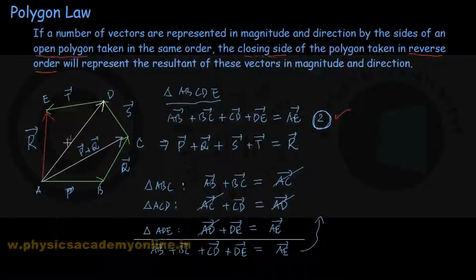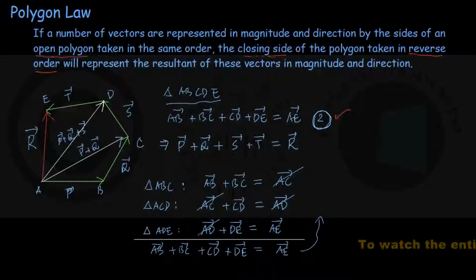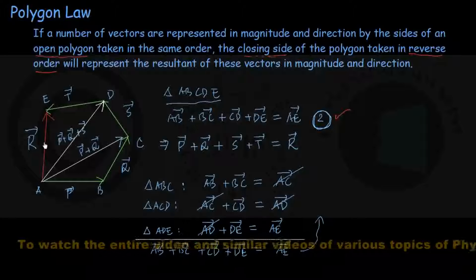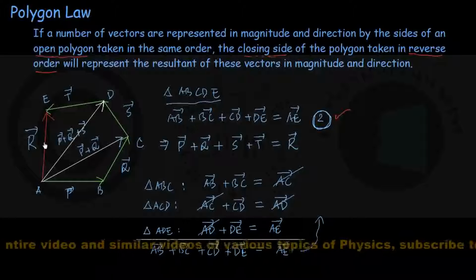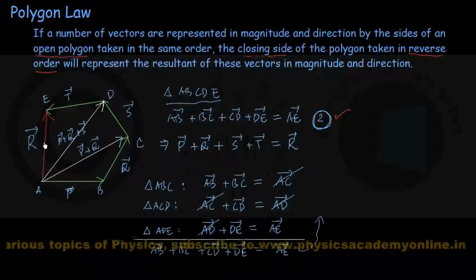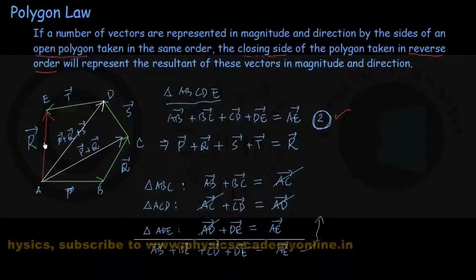So once again, AD is P plus Q plus S. And then you join AD and DE, so you get P plus Q plus S plus T, that is R. That is obvious. This is the result. We have also found out not only what the sides of the polygon mean, but also the 2 diagonals drawn in white ink, and they mean the summation of some components, as we have seen here on the screen.